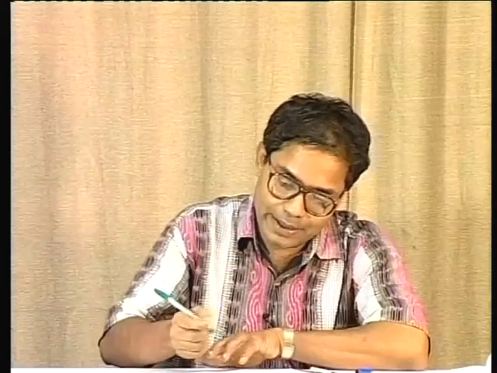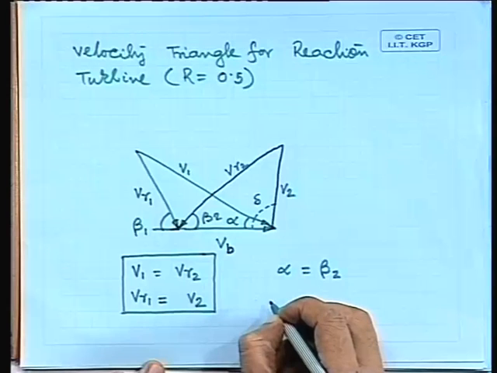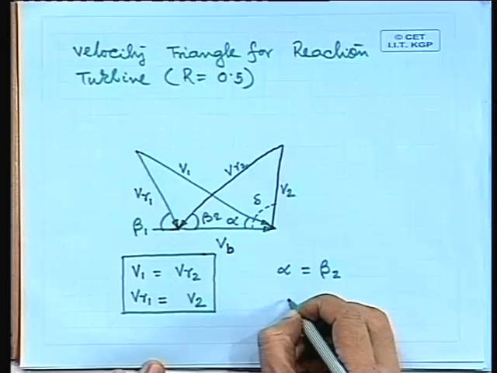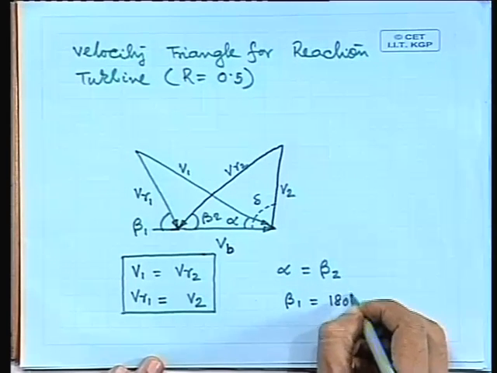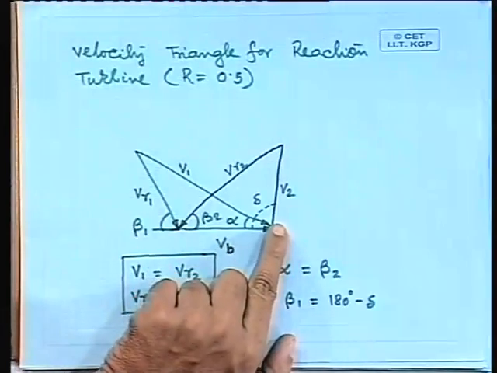And then we can get another relationship, that is beta 1. What is beta 1? Beta 1 we will get as 180 degree minus delta. This relationship also you will get. See, this angle and this angle, they are same.